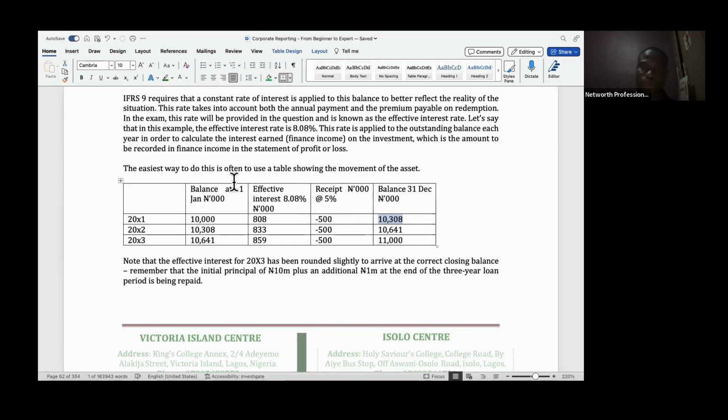So majorly, if the examiner really wants you to do calculation, it will be more focused on amortized cost, making sure that you know how to use effective interest rates, how to do this schedule, and knowing which figure goes to P&L and which figure goes to your statement of financial position.